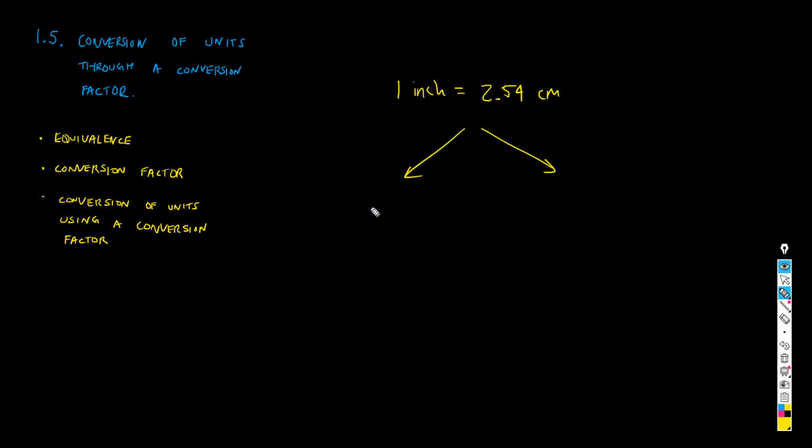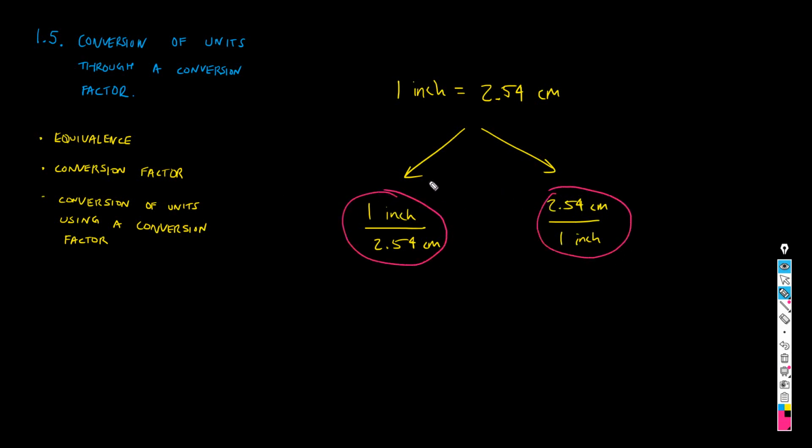Look, 1 inch over 2.54 centimeters, and I can write down this other fraction, 2.54 centimeters over 1 inch. So these two fractions that I just wrote, using the quantities from an equivalence, are what we know as conversion factors. This is a conversion factor. I'm going to abbreviate CF, conversion factor, and this is another conversion factor.